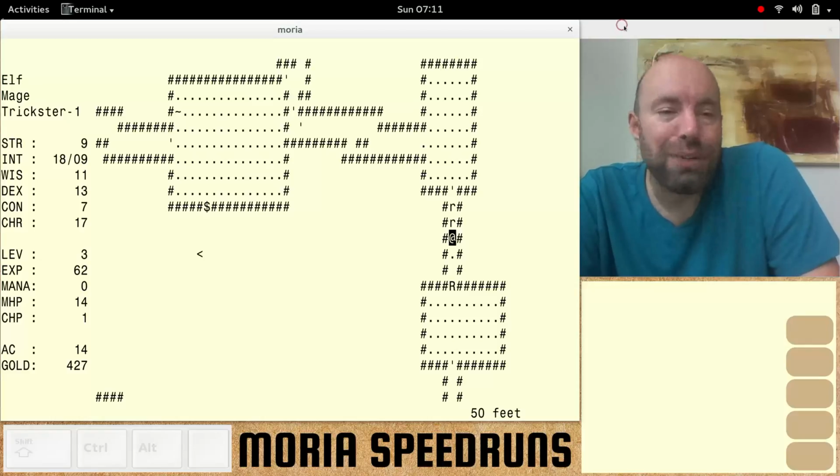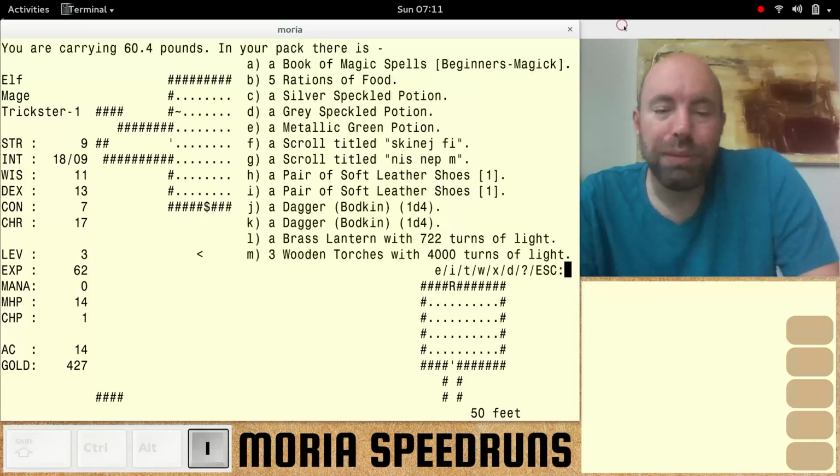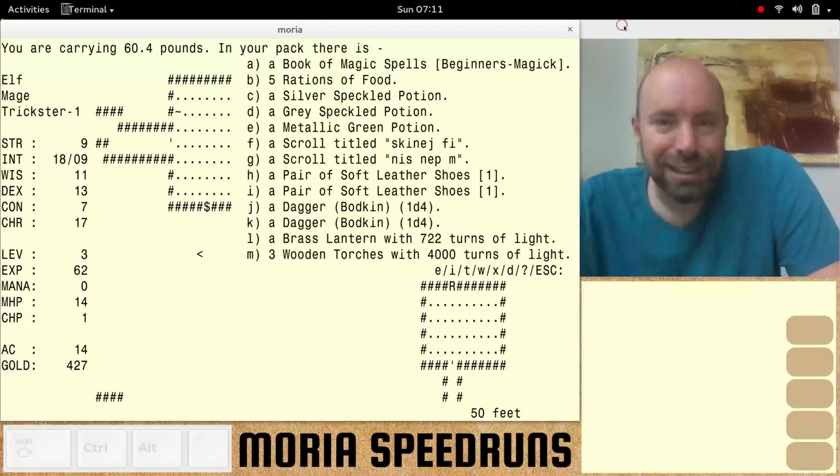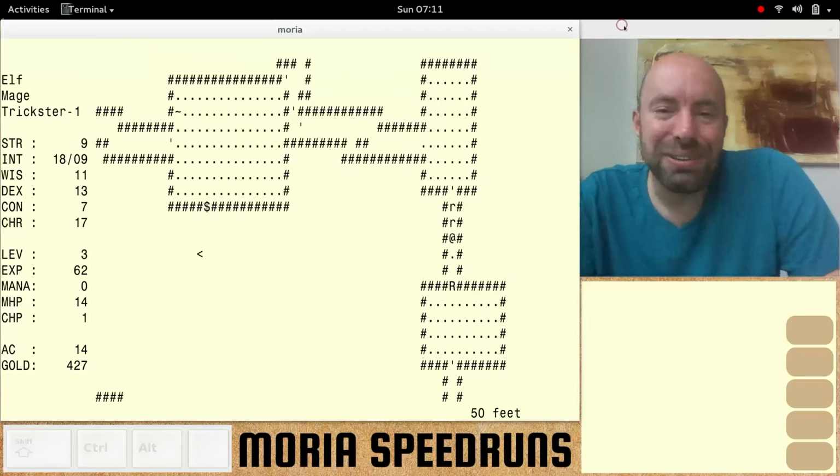So here we are with 1 hit point left on 50 feet. There is a capital R coming right at us. We don't have anything that can help us. If I remember correctly, I called one of the scrolls and it was Summon Monster, which really ended it even quicker. So I'm going to die here, no doubt about it.